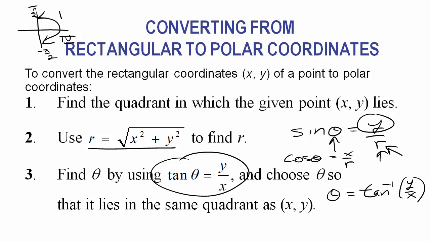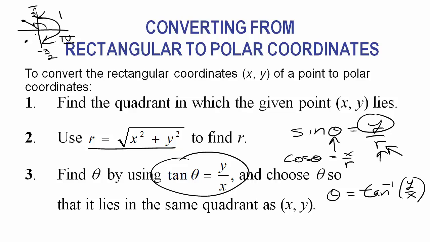So when you take this inverse tangent, it's always going to give you an angle that's in one of those two quadrants. Well, what happens if the point you're trying to convert was actually over here or over here? Well, instead of finding this angle, it's going to give you a reference angle.